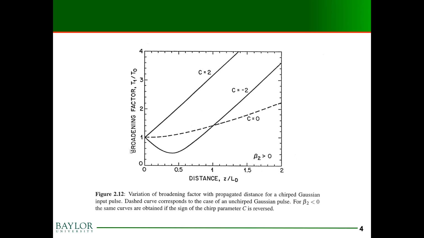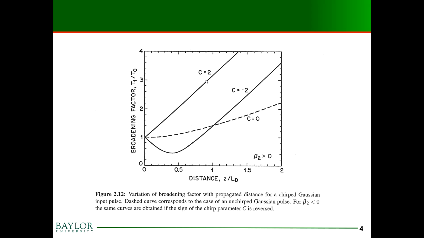This is a similar figure: this is the original with chirp, this is the original opposite chirp, and that is originally no chirp. Even though C equal to -2 has lowered the pulse width, eventually it broadens faster than the originally no chirp case.